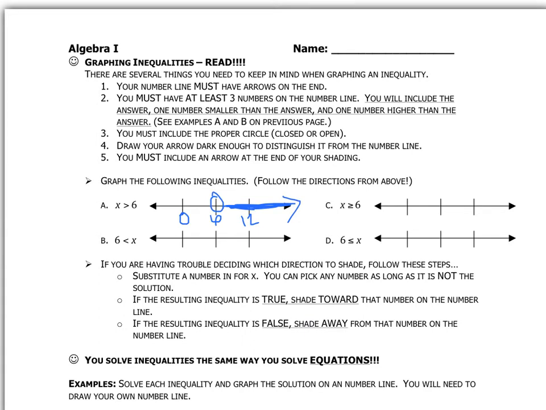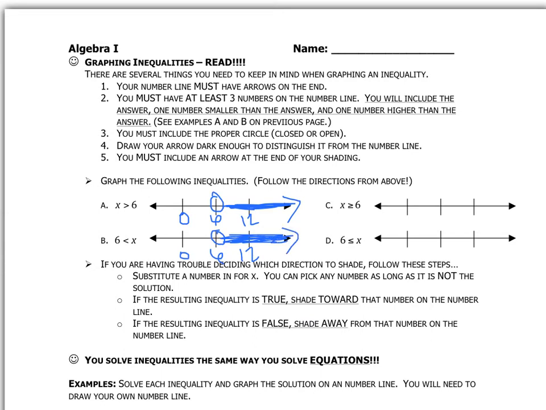Because the variable is on the right, I'm going to read from right to left. It says x, again, is greater than 6. So again, same exact thing. 6 and 12. Put an open circle at 6 and then shade to the right. It's the same exact answer.